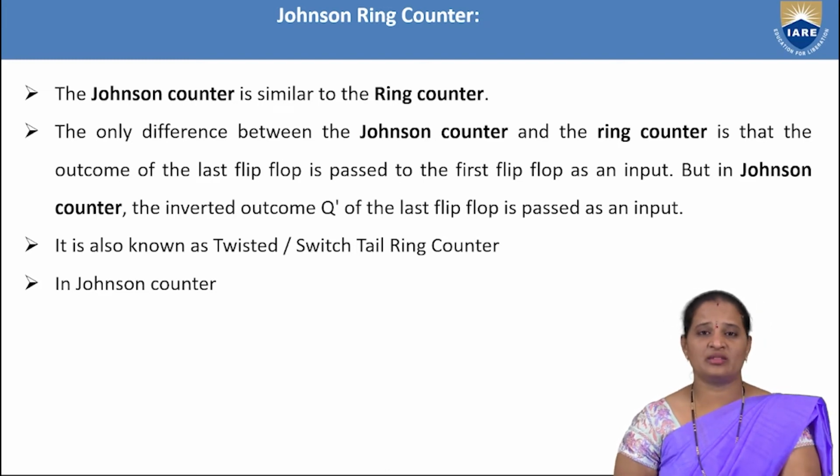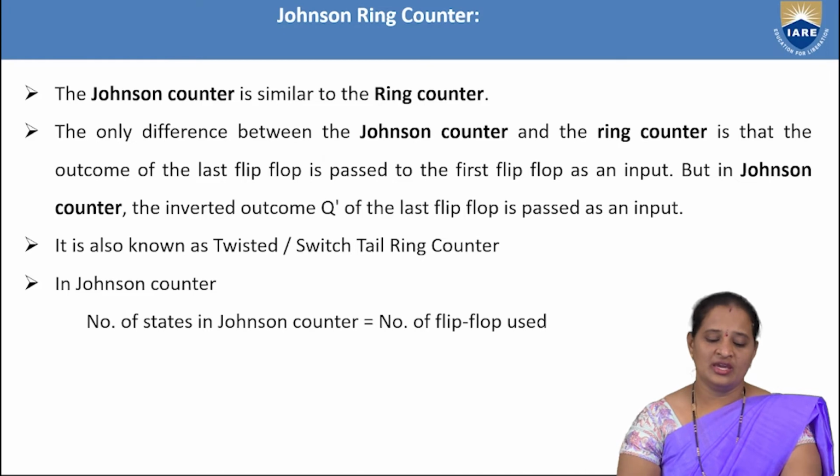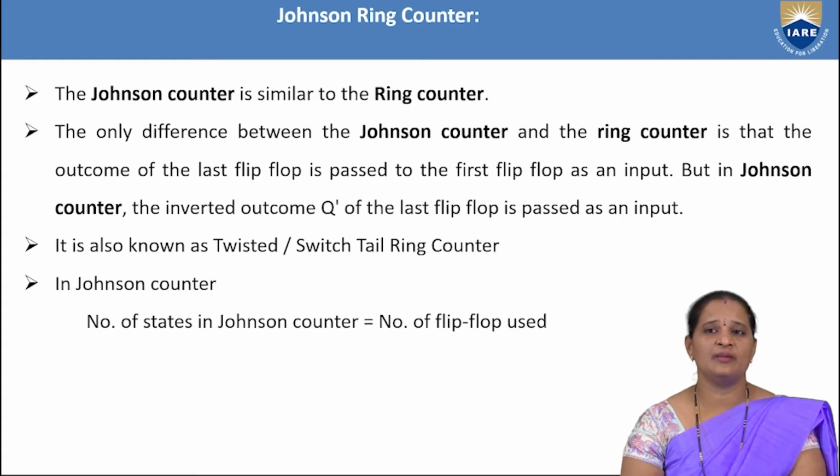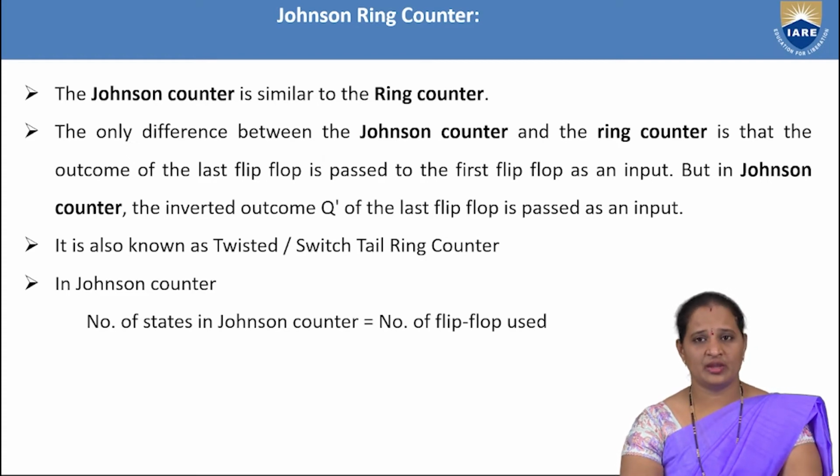The major drawback that we observed in the ring counter was it can count only 4 pulses. Now in the Johnson counter, the number of states is equal to the number of flip-flops used.